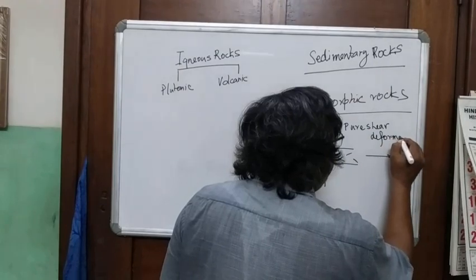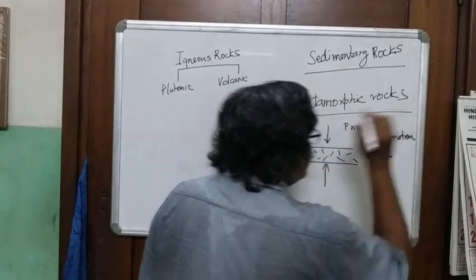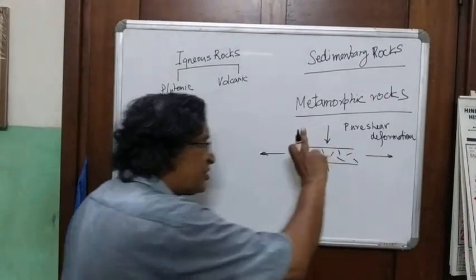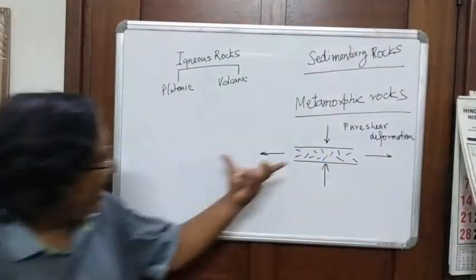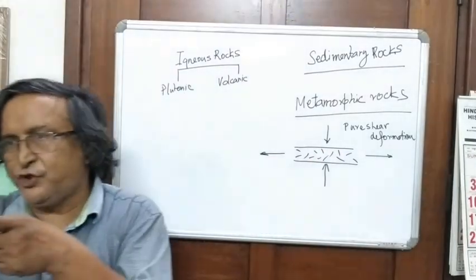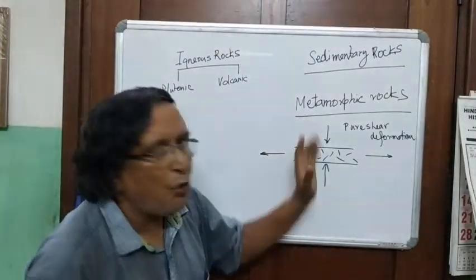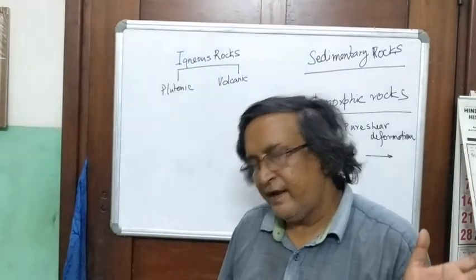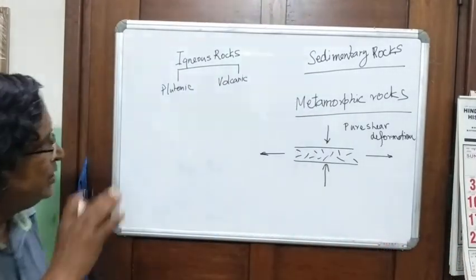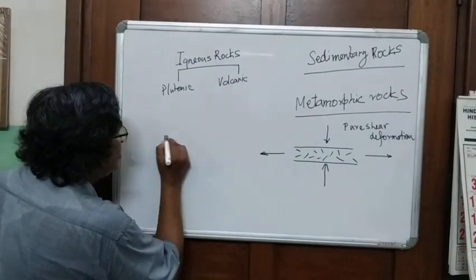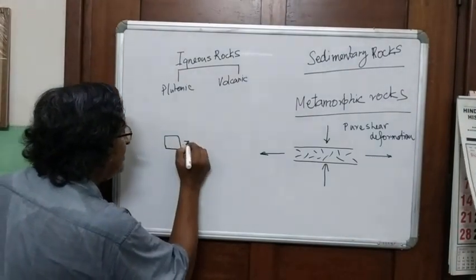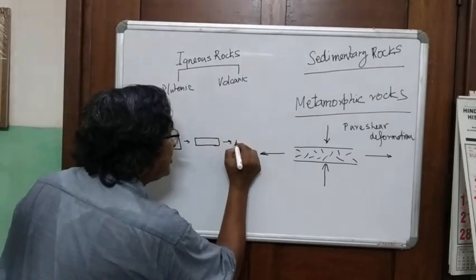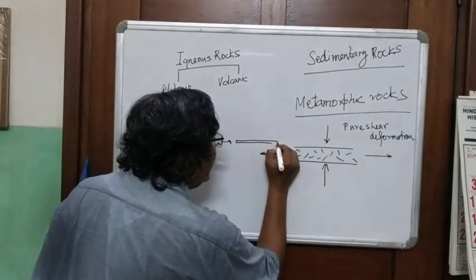Now what does this mean? Pure shear deformation. This means that the direction of shortening and the direction of stretching, which should be at 90 degrees, their orientation does not change in space. Have you understood? So, a little more clearly, say you start with a square, this becomes a rectangle, and further stress would stretch it like that.